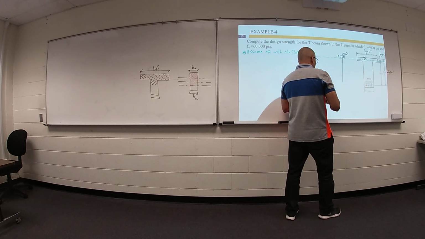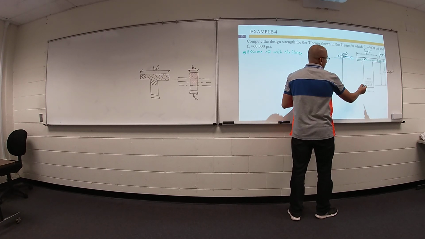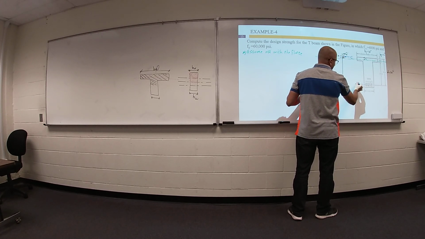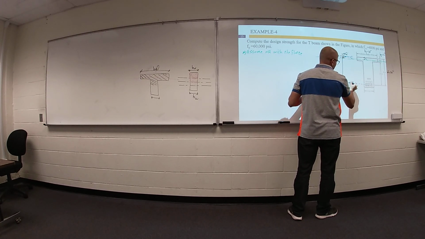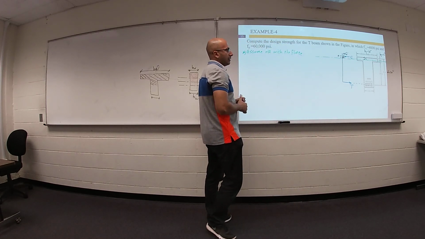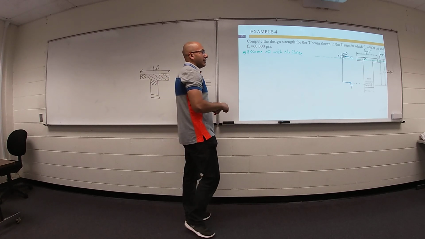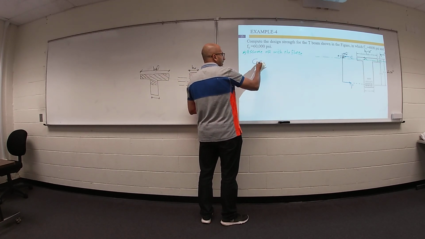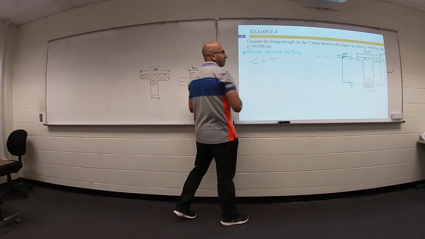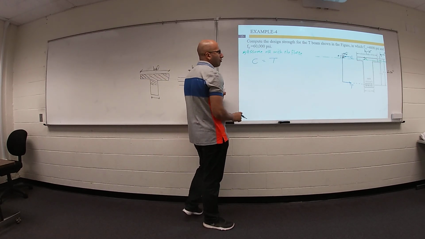And we have the equivalent compressive force here, capital C. In your tension reinforcement, we have tensile force T. That's right? Any questions so far? Your C equals T. Very similar to a rectangular section.